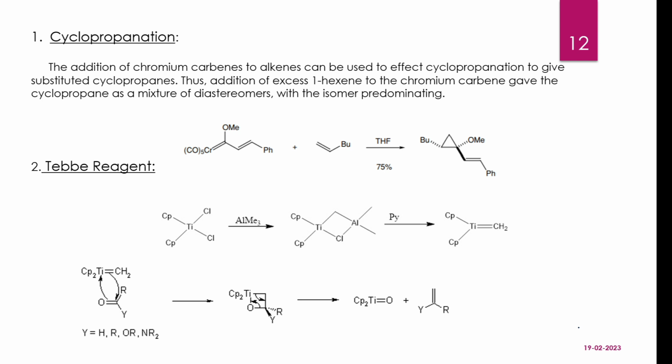Thus, addition of excess 1-hexene to the chromium carbene gave the cyclopropane as a mixture of diastereomers with one isomer predominating. What they are saying is that when we add this chromium carbene to this type of alkene system, it is the simple cyclopropanation reaction that we have explained again and again: carbene is generated and cyclopropanation happens.